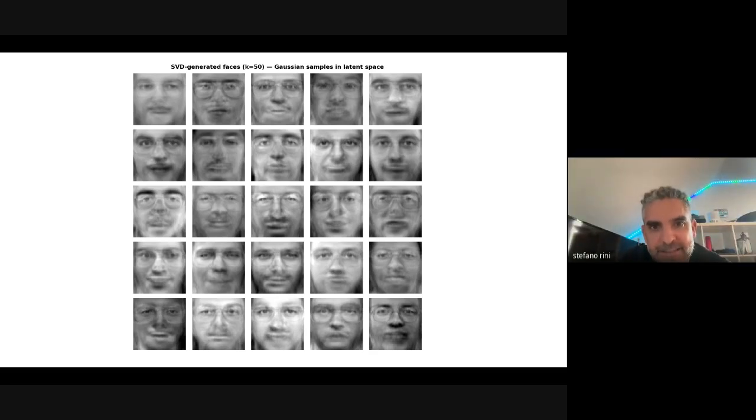As we said previously, SVD produces diverse but a bit ghostly faces, because it has negative values, while NMF will produce more realistic but similar faces. So we look at the SVD first.